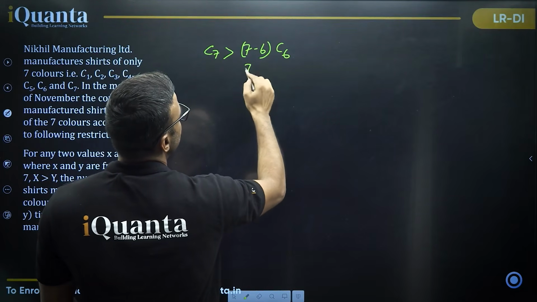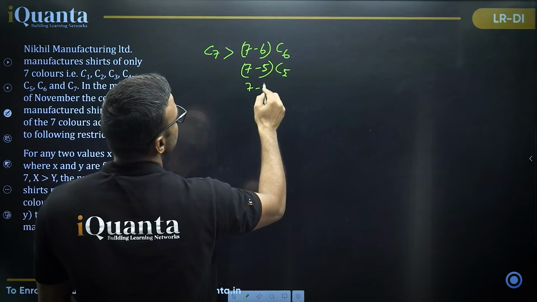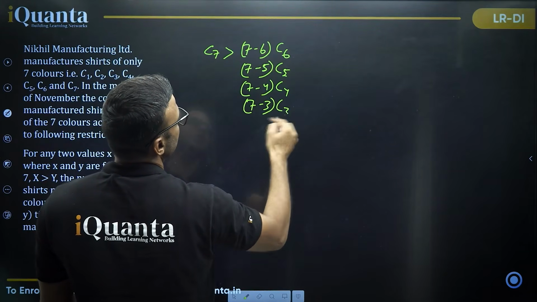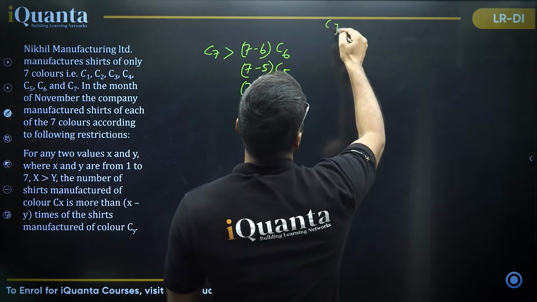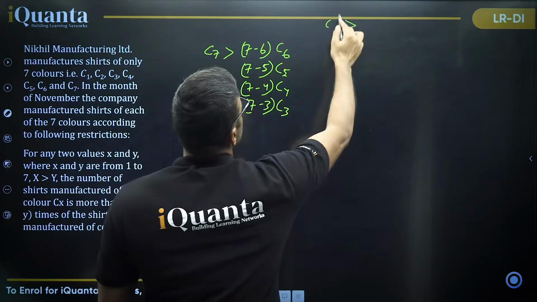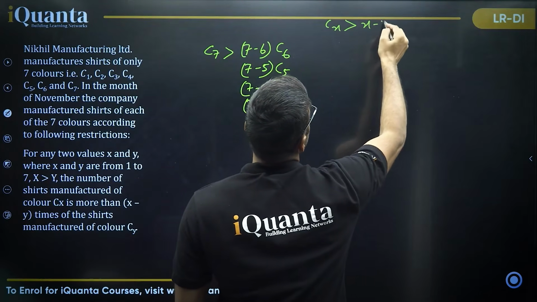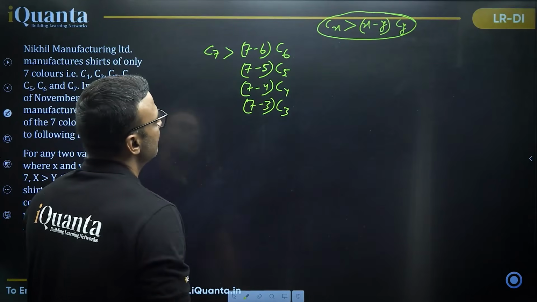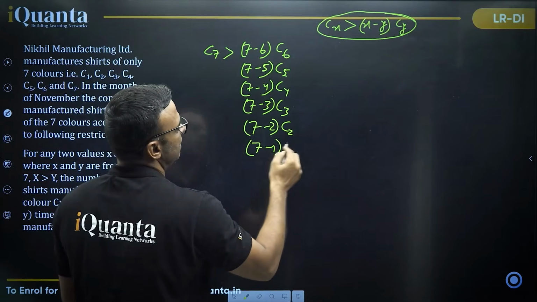It should be more than (7 minus 5) C5. It should be more than (7 minus 4) C4. It should be more than (7 minus 3) C3. That's the only information that we have: Cx is greater than (x minus y) Cy.